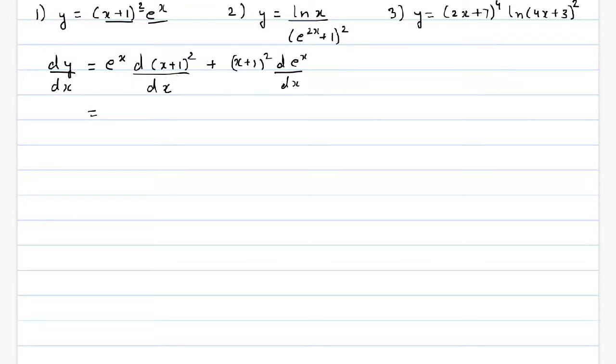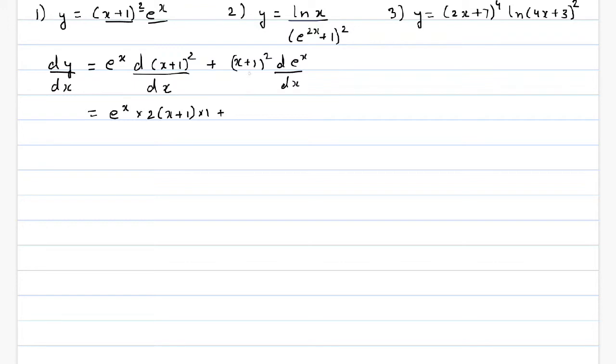Now our e raised to x is as it is. Differentiation of x plus 1 whole square, we'll use chain rule. So for that we'll assume our x plus 1 to be our t, and we'll differentiate t square. T square should give me 2 times t. So into, I'll get 2t, instead of t I'll write x plus 1. And then I should differentiate my t being my x plus 1, and differentiation of x plus 1 should give me 1. So into 1.